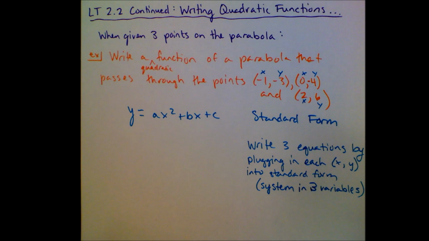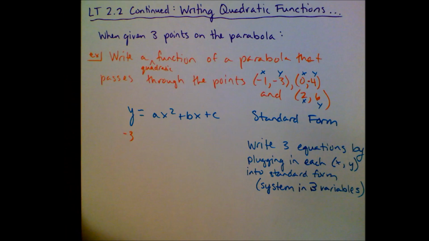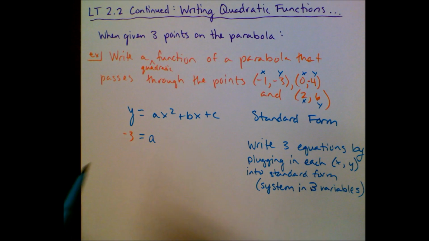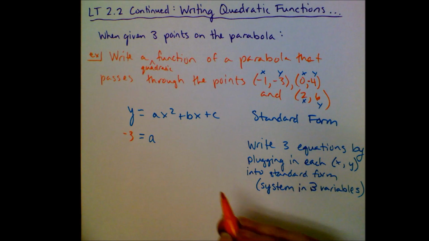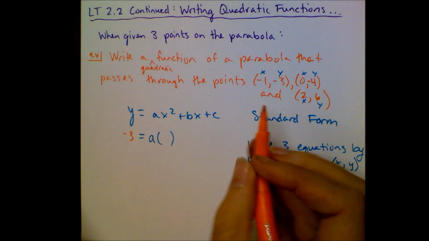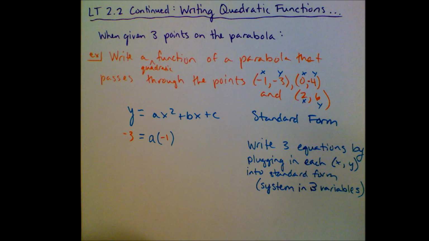Okay, so I'll start with my first point, my first x and y. I can plug in -3 for y. I don't know a. That's what I'm trying to find. So a in this case is actually my variable. I know you're used to x being your variable, but now a is the thing I don't know. For that y coordinate, then -1 is my x coordinate.